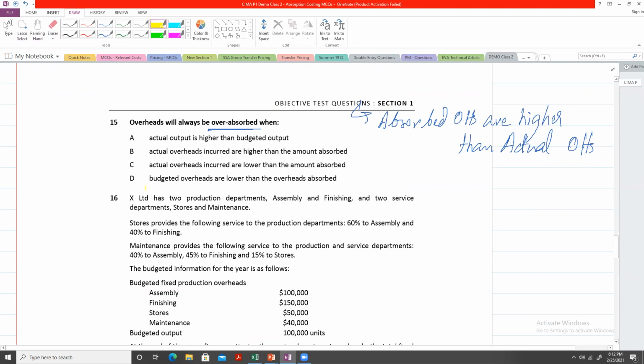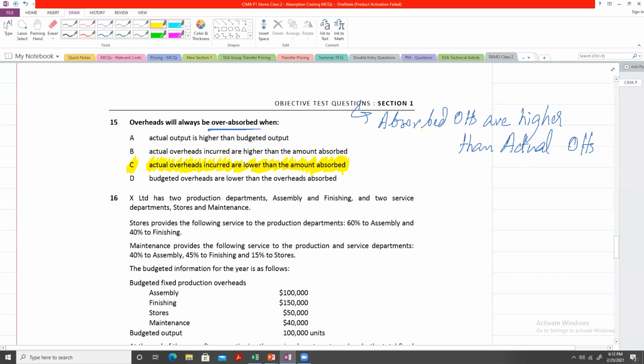So look at statement number C, the third option: actual overheads incurred are lower than the amount absorbed. It is saying the same thing in an opposite way.